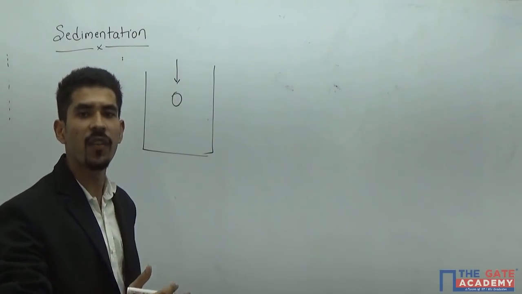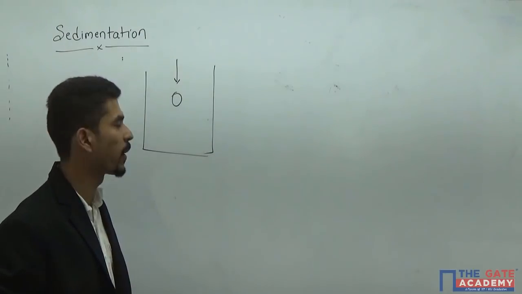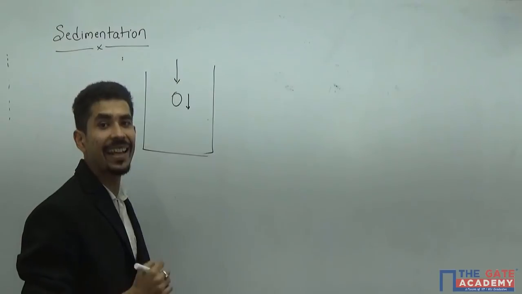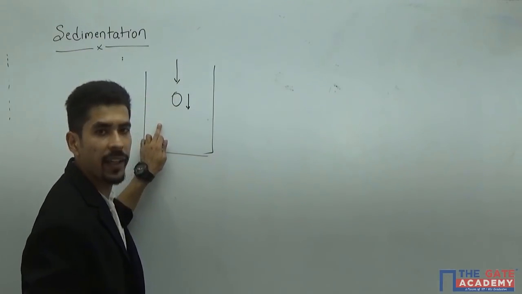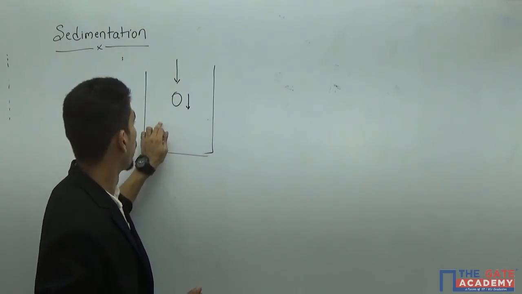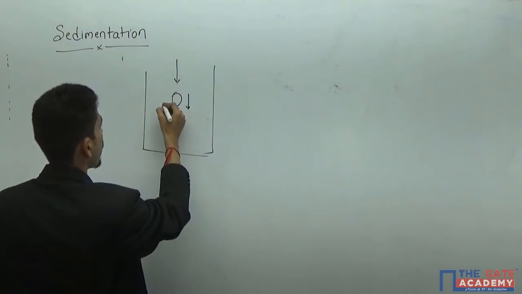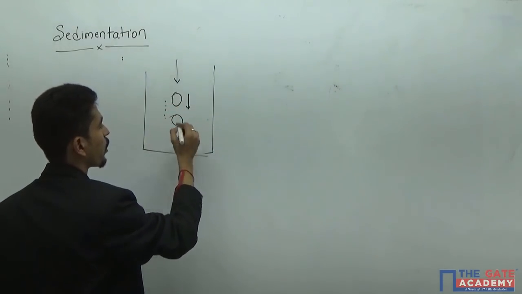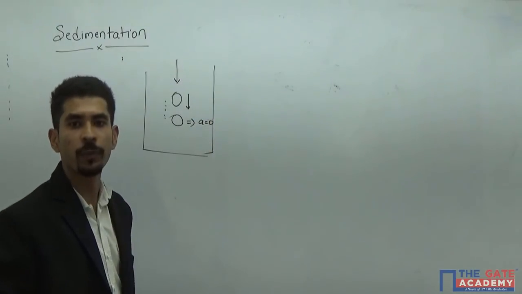During the initial first few seconds, right after the dipping of the particle, this particle will accelerate in the fluid or in water, and after some time the acceleration will become zero. Let us suppose at this point the acceleration became zero.